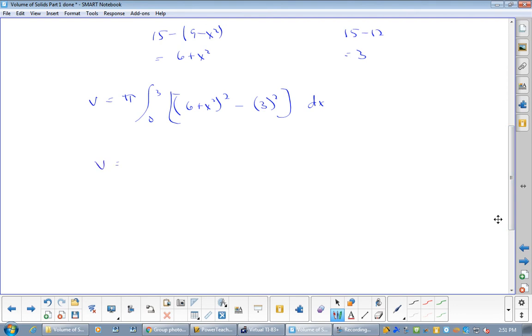Volume equals pi, 0 to 3, 36 plus 12x squared plus x to the 4, all minus 9 that came from there, dx.